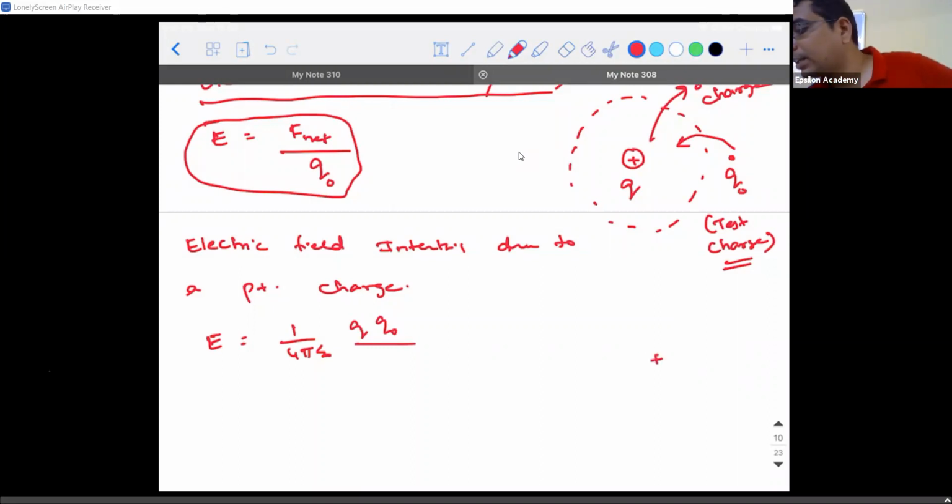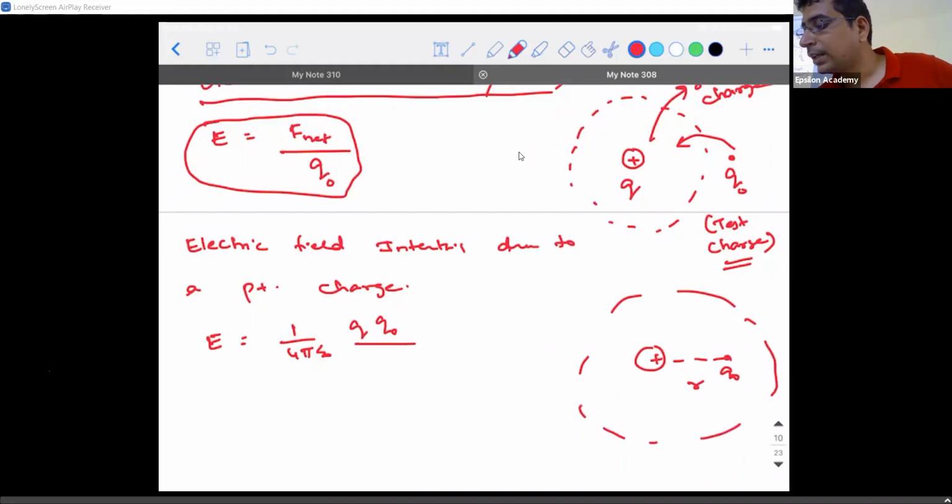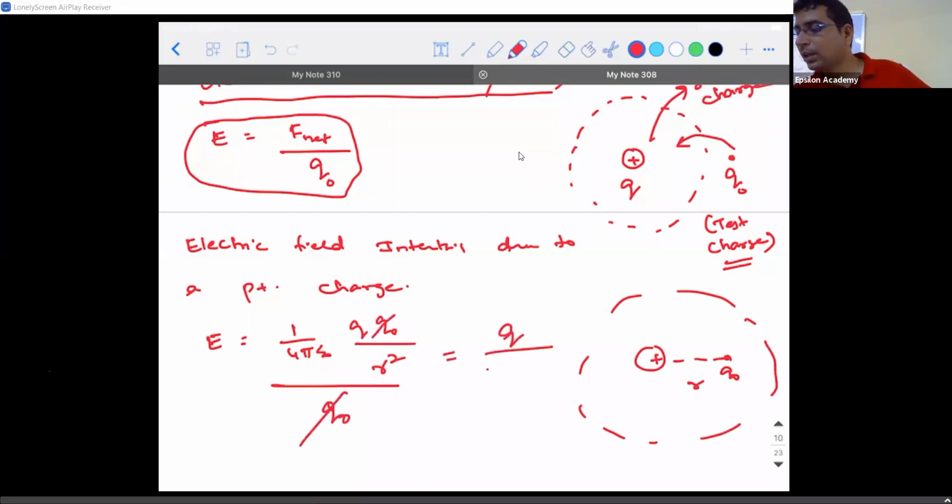Let us say at that instant, the distance of separation between them is R. Then I will write it as R square. That is the net force experienced by the test charge divided by Q naught, and Q naught will get cancelled. Q divided by 4 pi epsilon naught R square is the mathematical expression for the electric field intensity due to a point charge.